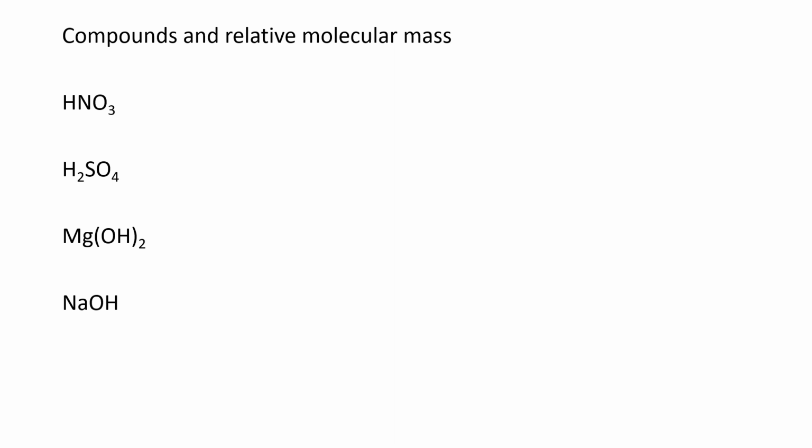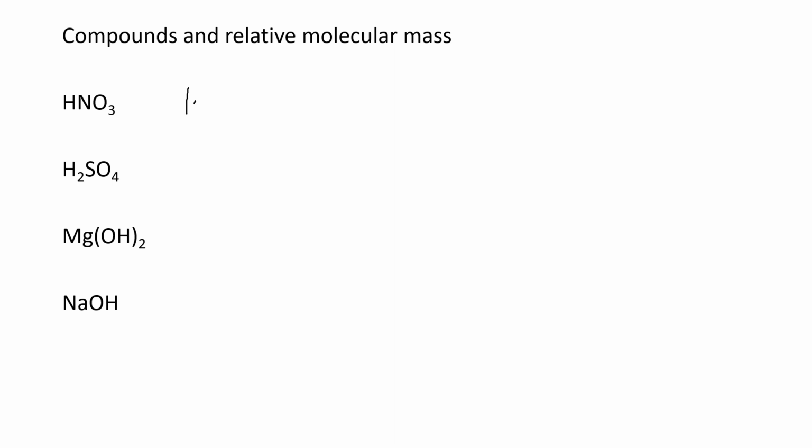Atoms stick together to form compounds and molecules. So to work out the molecular mass of a compound, all you have to do is add up all of the individual atomic masses of the atoms that make up the compound. So I'm going to be using the WJC datasheet for this, and I've given 4 examples here.